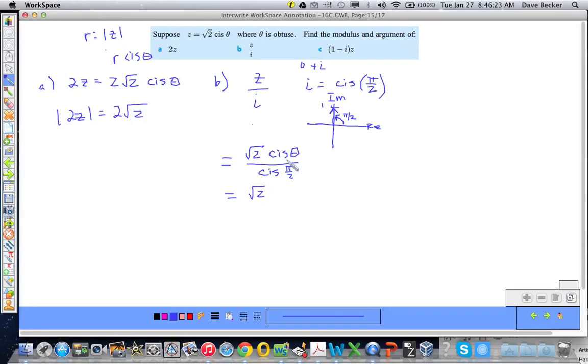Actually, I don't even have to think about it like that. I'm going to use the property of cis, and remember, cis theta over cis pi over 2 is equal to cis of theta minus pi over 2. Okay, so all I have to do is get this in polar form. My arg here is theta, right there, right? So mod z over i is equal to root 2, and the argument is equal to theta minus pi over 2.